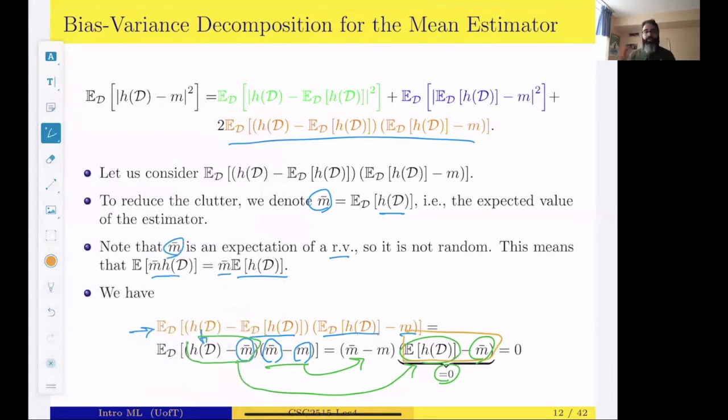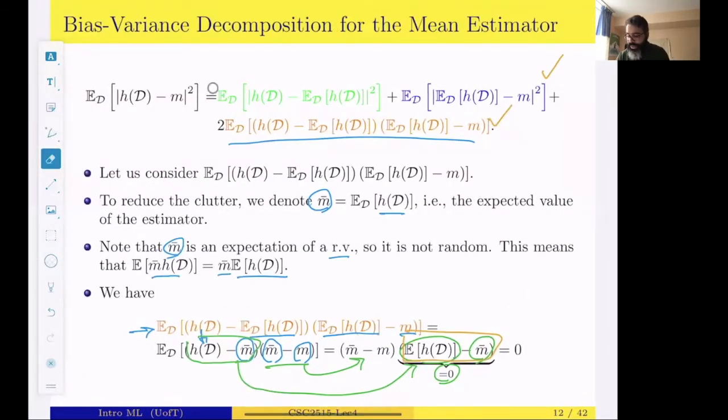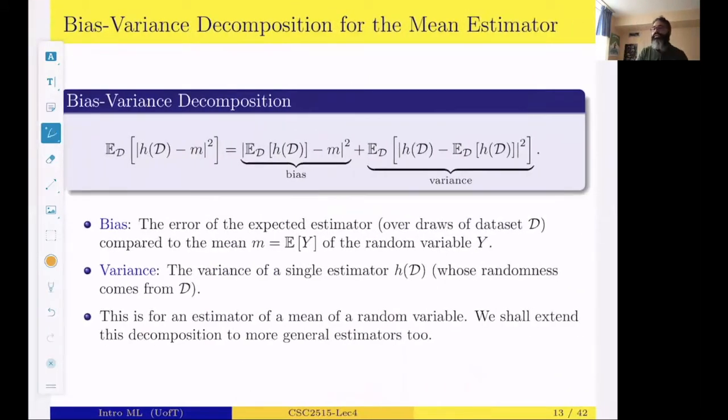So it would be m bar minus m, which may not be 0, but we are multiplying by 0, so we get 0. So the inner product term becomes 0. We dealt with that term, and now we just have the last term, and it appears in our result.